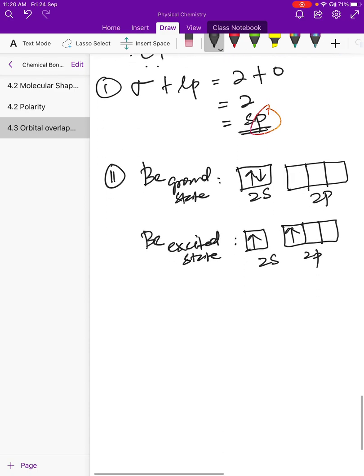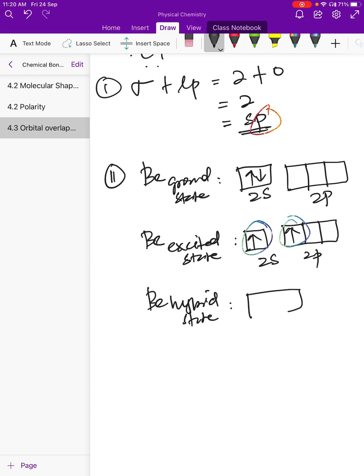Next is the beryllium hybrid state. In hybrid state, we will mix the s orbital and the p orbital. So we will get 2 boxes known as sp hybrid. S will have 1 electron, p will have 1 electron, but they are not called s and p now.